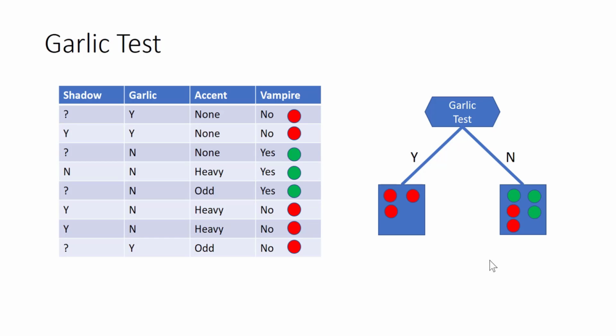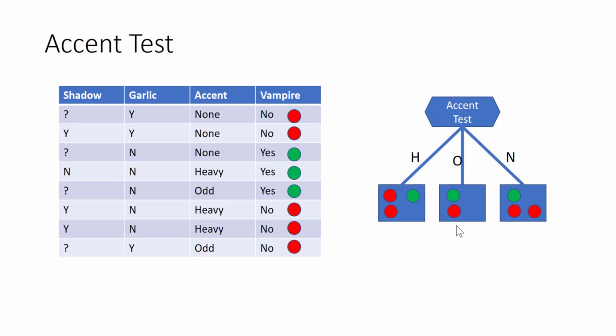So that's what the garlic test would give us. Now the accent test, same thing. We have 3 possibilities: a heavy accent, or odd accent, no accent, and it gives this result. So the question is, which of these tests should we apply first and which should we apply second? It'd be nice if we had some metric to tell us what test to apply.